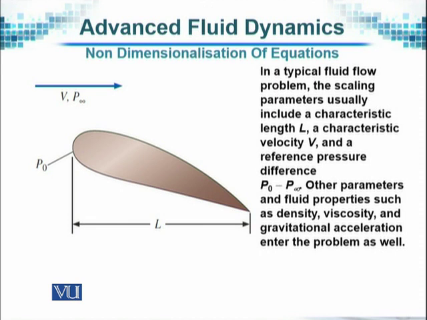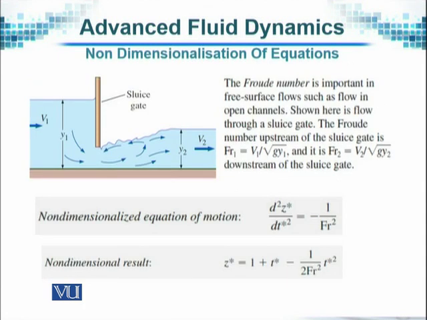So if fluid is flowing from the left hand side to the right hand side with a velocity V, there may be some pressure, it may be exerting some pressure over a length scale L, and so these terms are shown to be appearing here, and these are the most common things that appear.